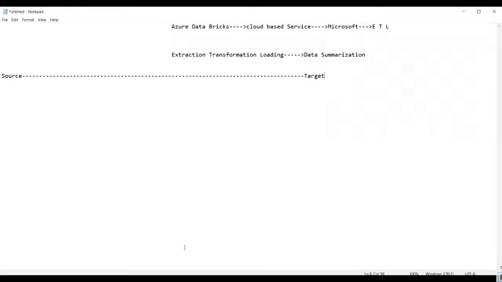Now, guys, when it comes to the source, what do you mean by source? What is the source of income? The place from where we get the money is called a source of income.